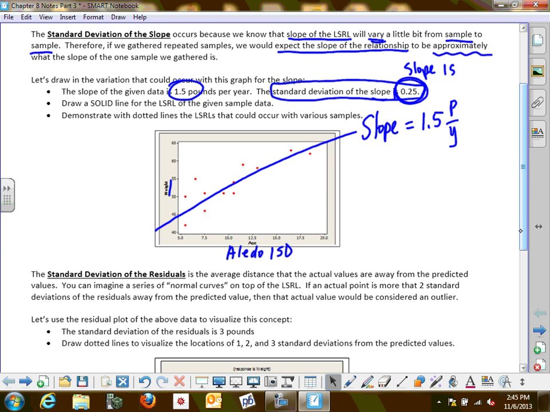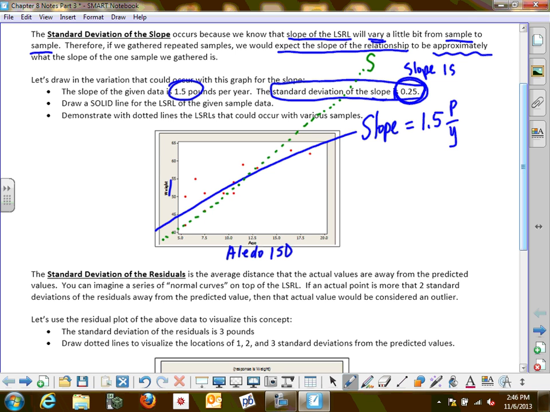It would be 1.75. Very good. Let's draw that in there. It's not necessarily going to have the same y-intercept. It may, but it may not. It probably is going to be something more like this. You're going to cross his line somewhere, and you're going to end up with something like this.